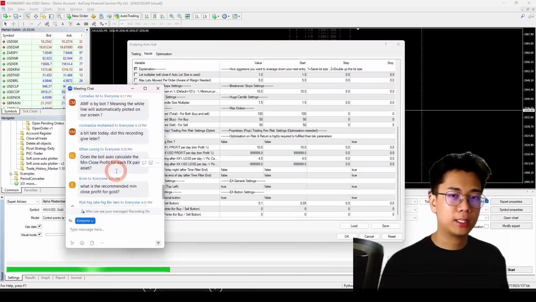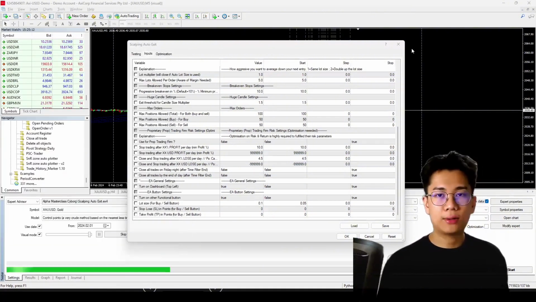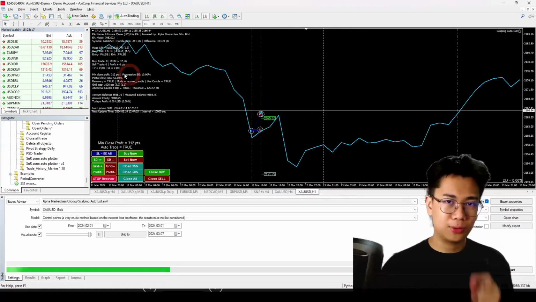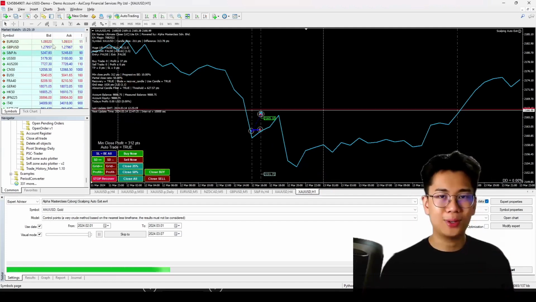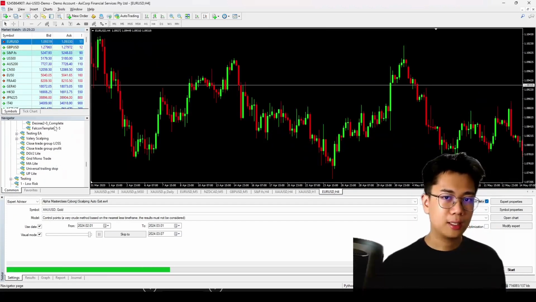Does the bot auto calculate the mean close for each forex asset? Yes, correct. So the bot actually calculates the number for you guys already. The reason why I explain to you guys is because someone asked me, so that's why I explain. But let's say that you trade on Euro USD, okay?